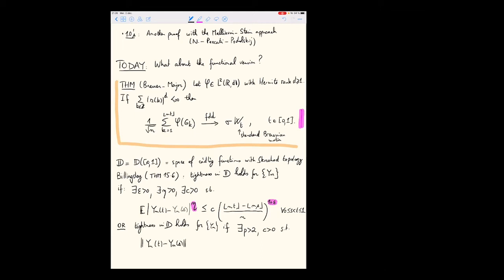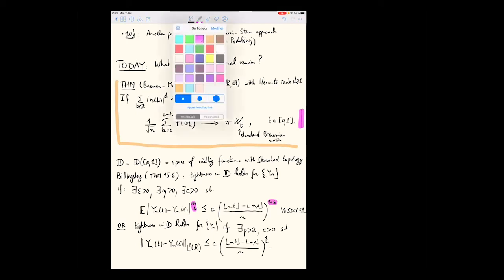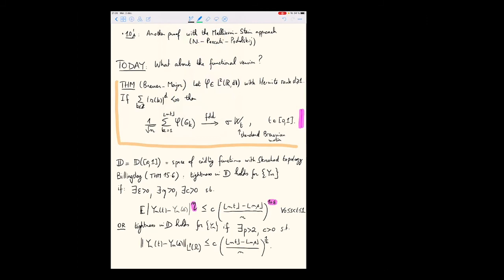I look at the L^p(Ω) norm of the difference Ynt minus Yns, and I must check that it is less than C times the square root of (the entire part of Nt minus the entire part of Ns) divided by N, to the power 1/2. Here it is not equivalent to the previous statement, but it is what you should prove to hold when you already know that your process converges to the Brownian motion.